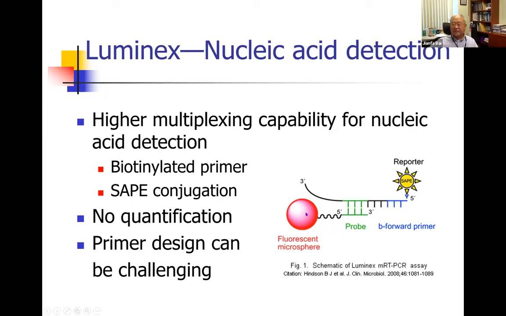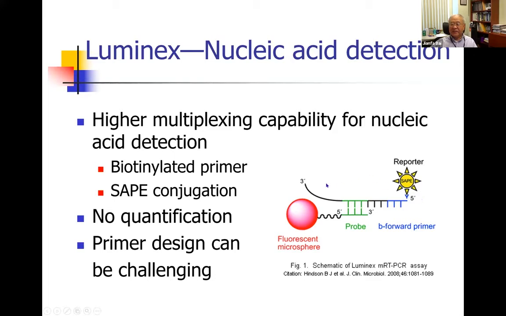But the beads are always there. How do you know if it is positive or negative? Then you have another signature. It's attached to a primer we call a biotinylated primer, which means you attach a biotin to the end of the primer. Then after the PCR amplification, you wash away the primers that are not used.